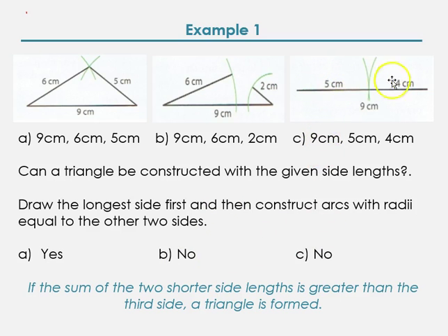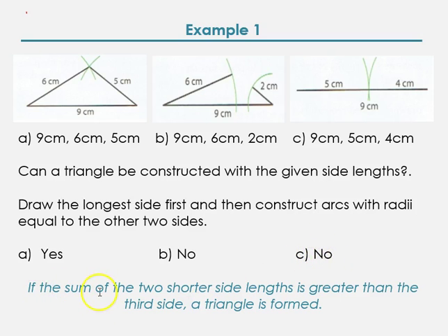For the third drawing, we find that constructing radii of 5 centimeters and 4 centimeters, they actually meet together and form one line. So this will not make a triangle. It will make a line, but it will not make a triangle.